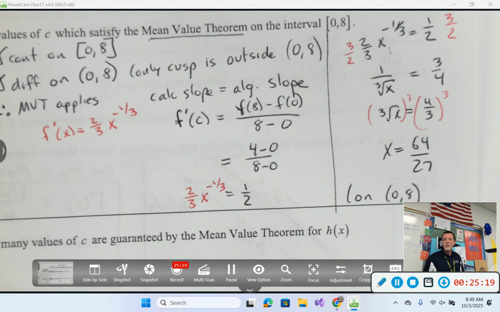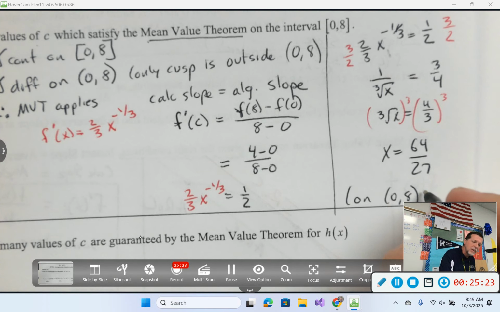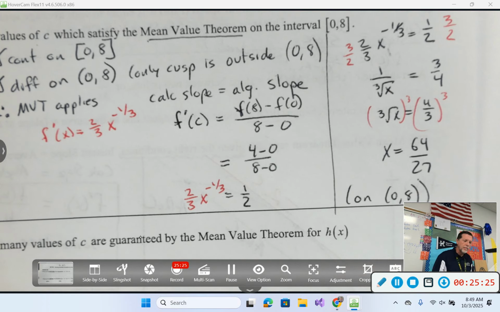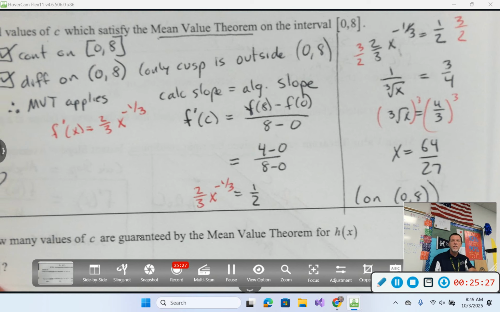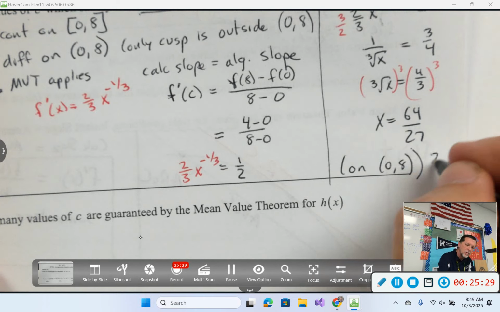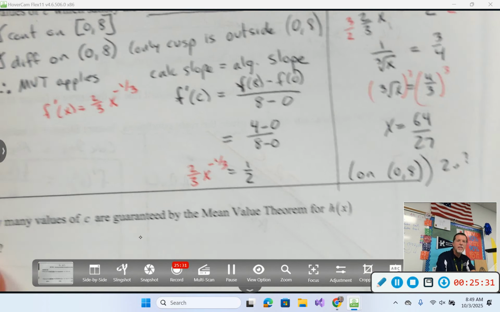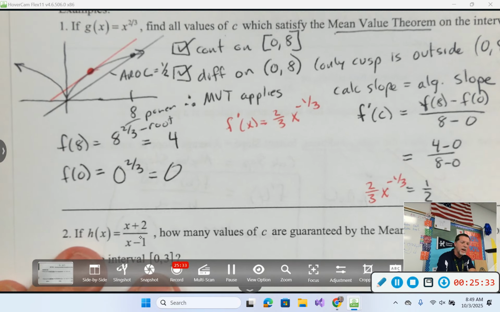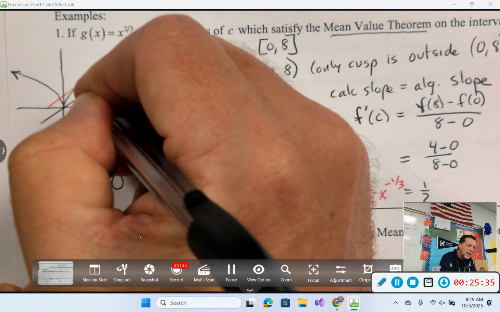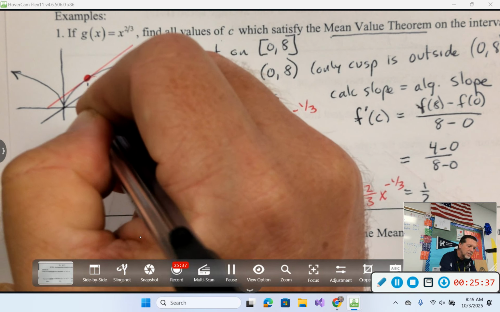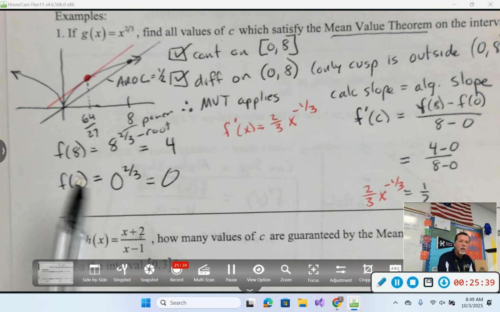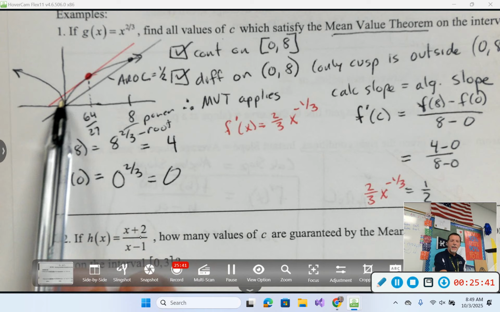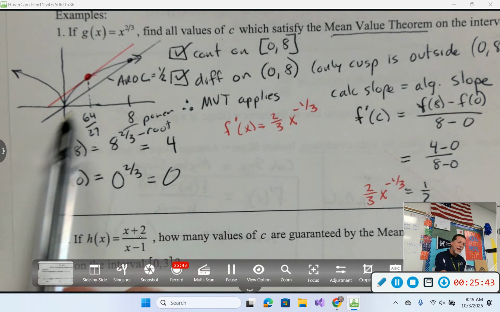I don't know what it is, but it's 2 and a little bit? So yeah, that's between 0 and 8. 2 point something. Which means my picture is not bad. So that spot we found is 64 over 27, where the calculus slope is equal to the algebra slope.